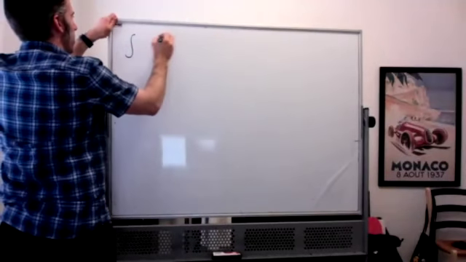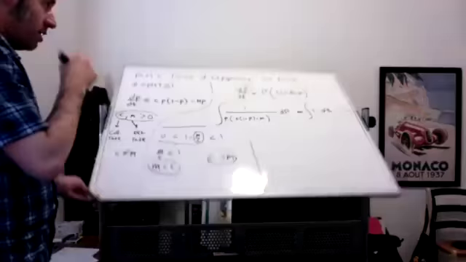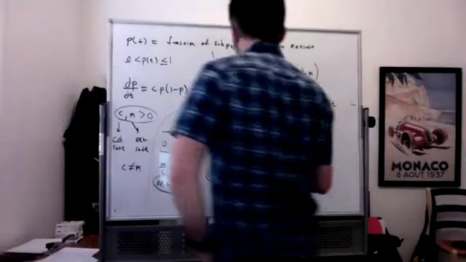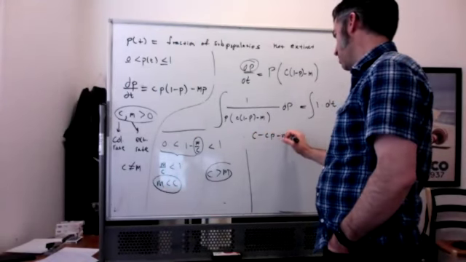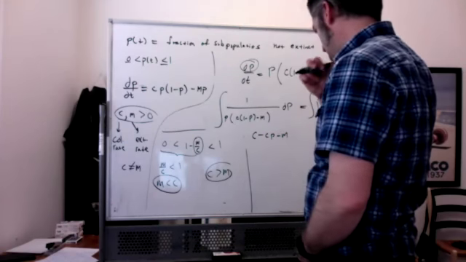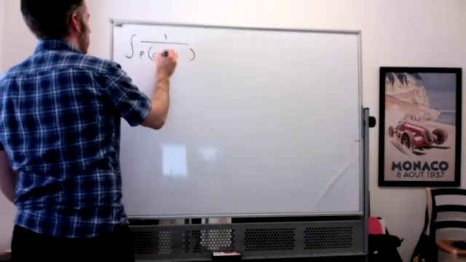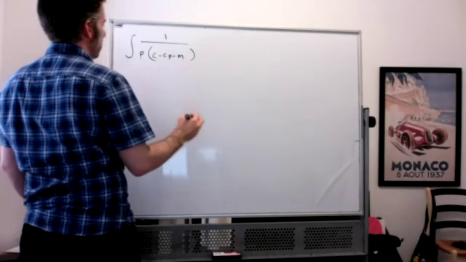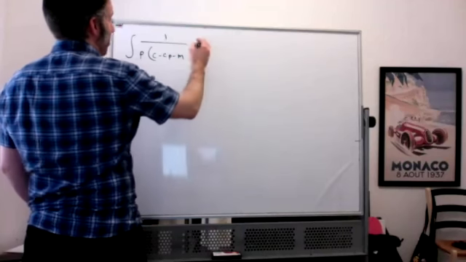So I've got the integral of 1 over P times, and I'm going to write this as C minus CP minus M. Okay, sure.